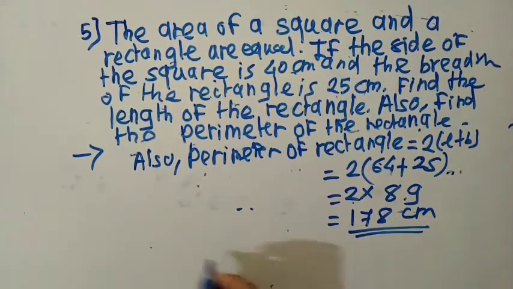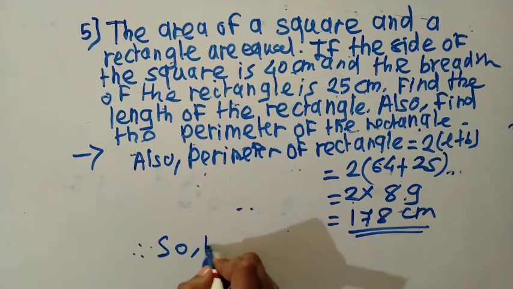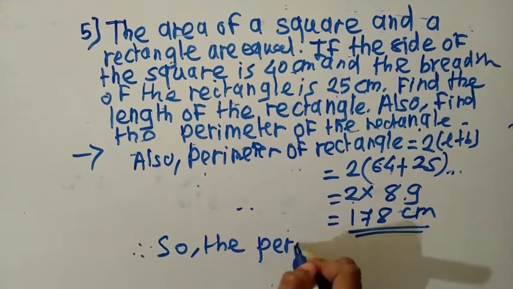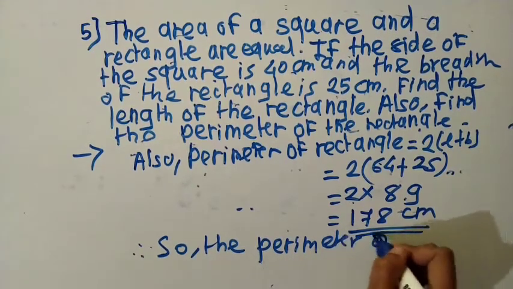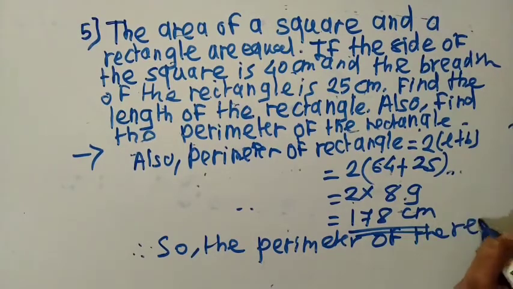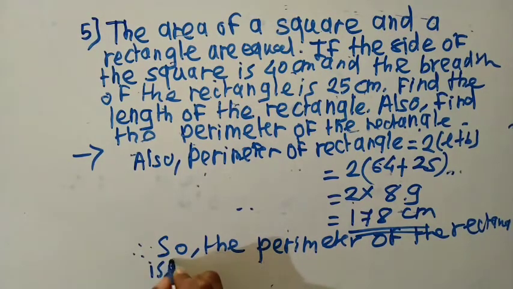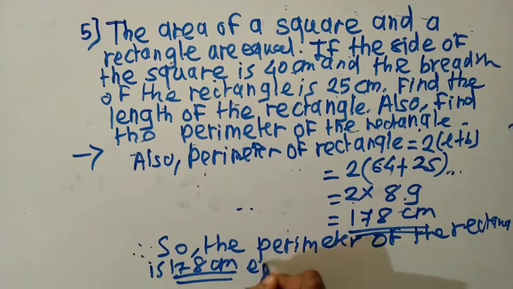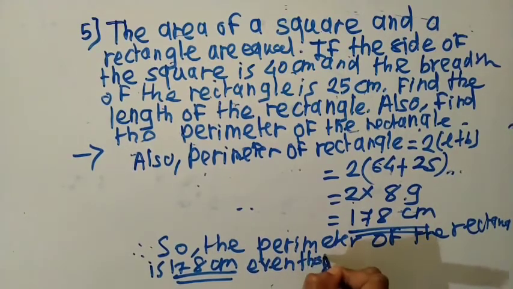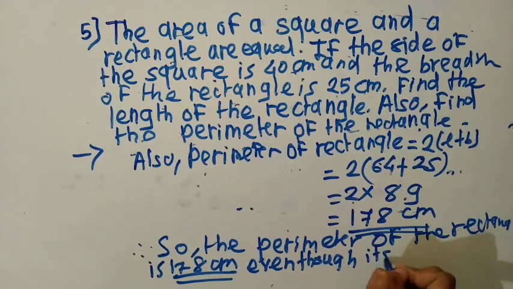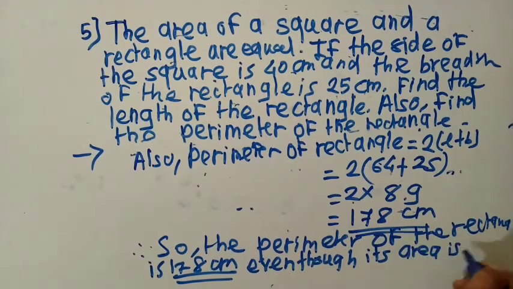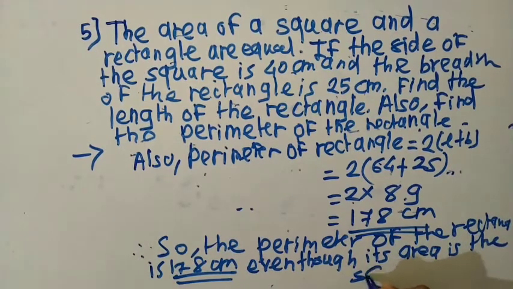This is the perimeter of rectangle. So the perimeter of rectangle is 178 centimeter, even though its area is the same as that of the square.